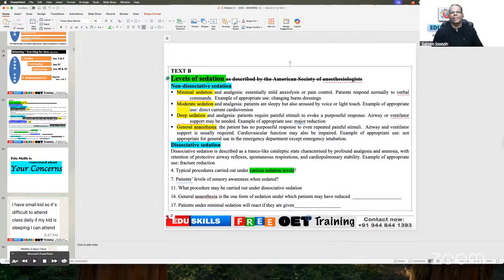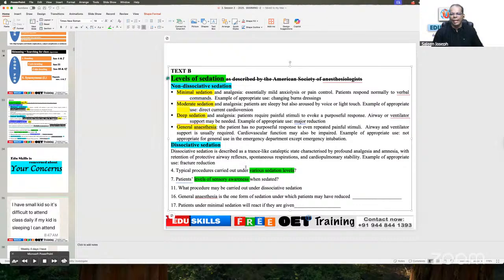Levels of sedation is here in the heading. That itself is enough. Then patient's level of sensory awareness, again levels of sensory awareness, same as level of sedation. It is the synonym, no? Meaning is same. So again, heading is the clue. Levels of sedation is the clue.